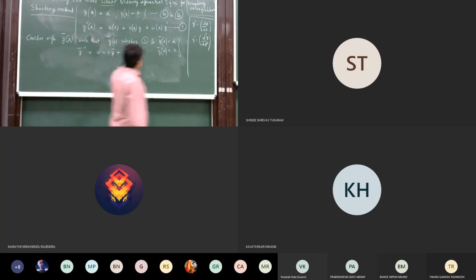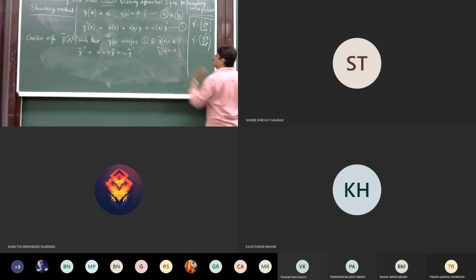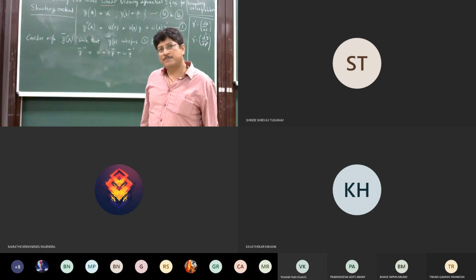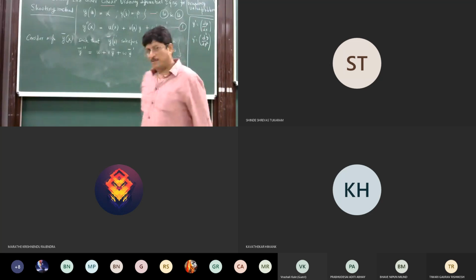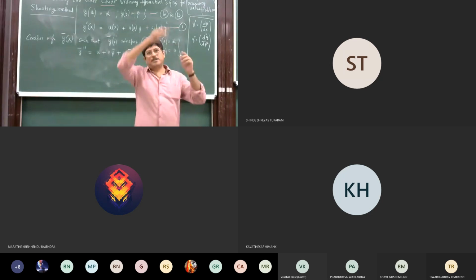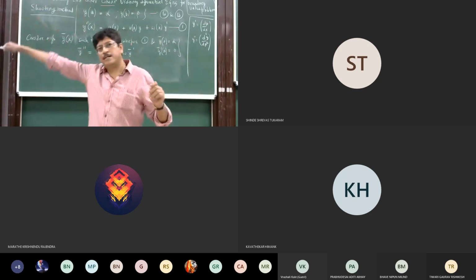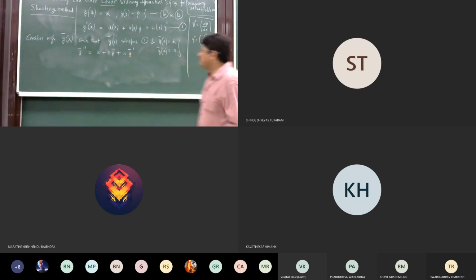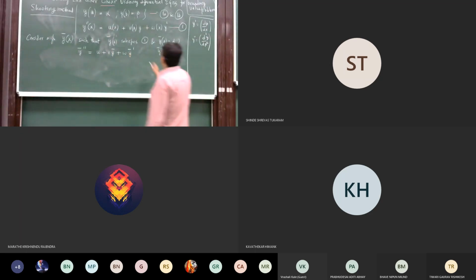So it satisfies this differential equation and these two boundary conditions: y bar of a is equal to alpha, and the first derivative of y bar evaluated at x equal to a is equal to 0. And of course, this function would start from x equal to a, and when you reach x equal to b, it will reach some point. So this is my first function. Let me call it equation 2.